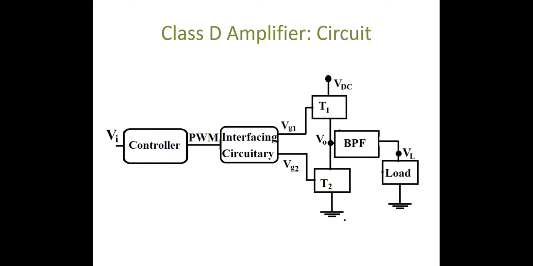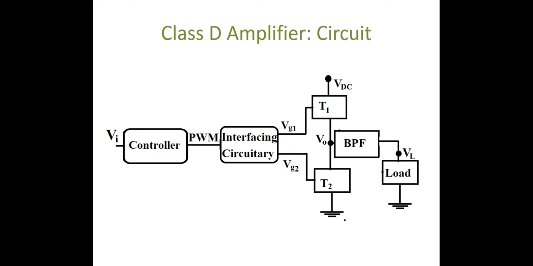So we will explain what a pulse width modulation waveform looks like. So the controller generates a PWM waveform, which then controls the transistors T1 and T2 through an interfacing circuitry.